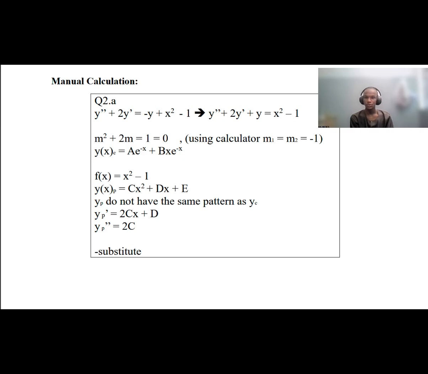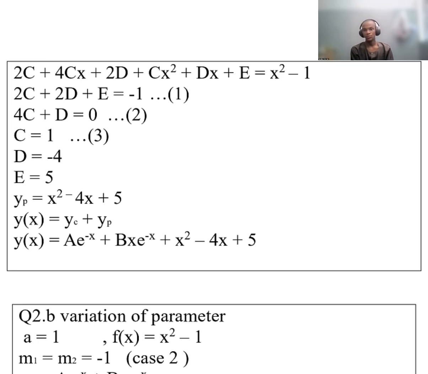We then substitute into the original equation: 2c plus 2 times (2cx plus d) plus cx squared plus dx plus e equals x squared minus 1.